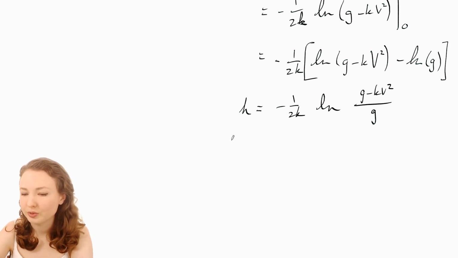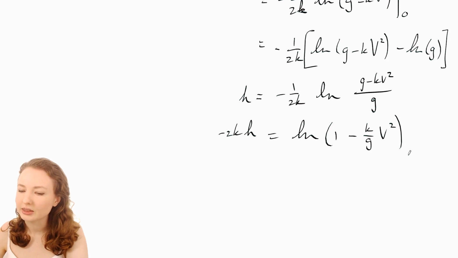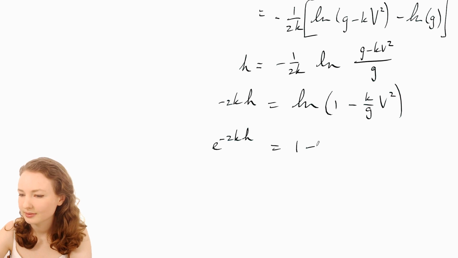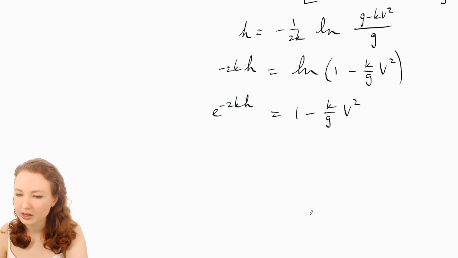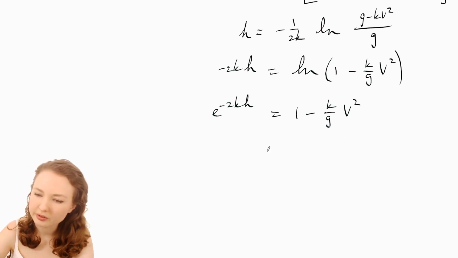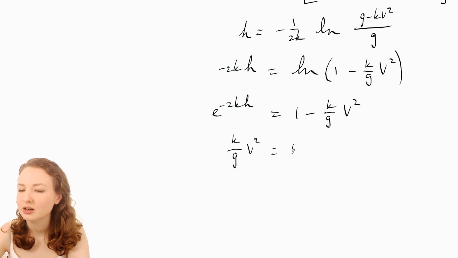Then let's shift that over, so we've got negative 2kh is log of this, and let's actually divide through by g, so we've got 1 minus k on g v squared, and then we can do e to the both sides. Right, and then we just want to solve for v. So what I would do here is move all of that over to the left, all of this over to the right, so you'd get k on g v squared is 1 minus e to the negative 2kh.